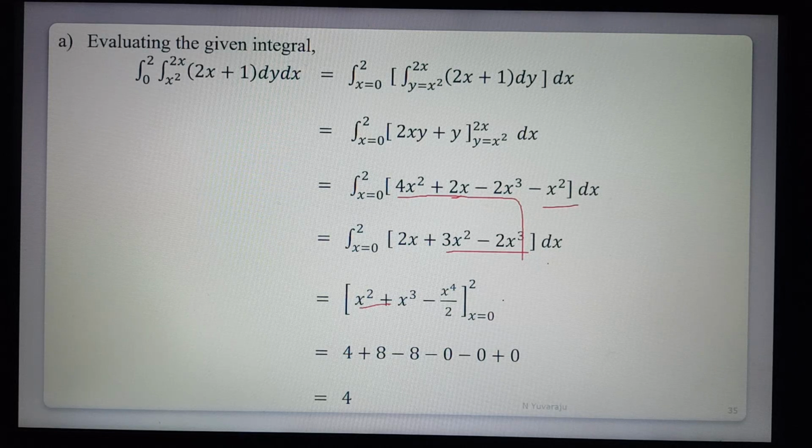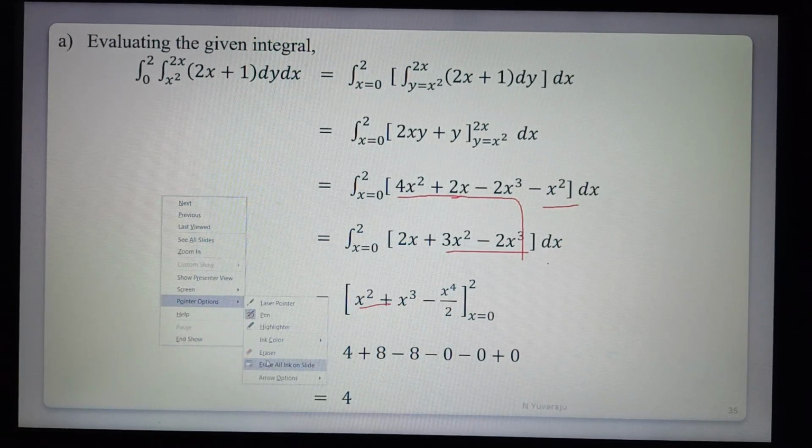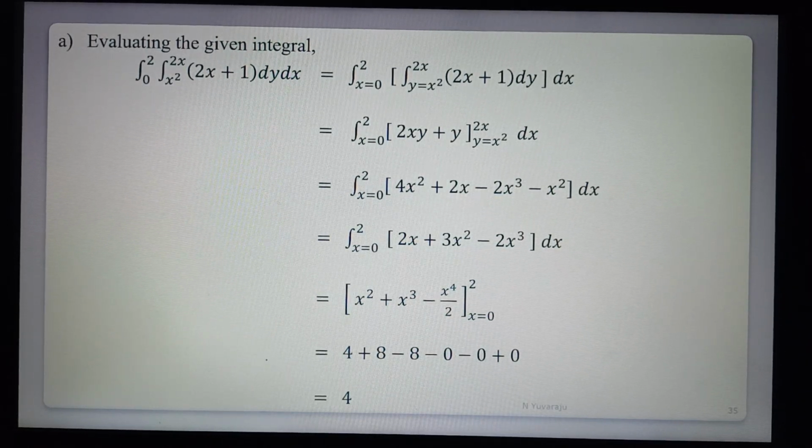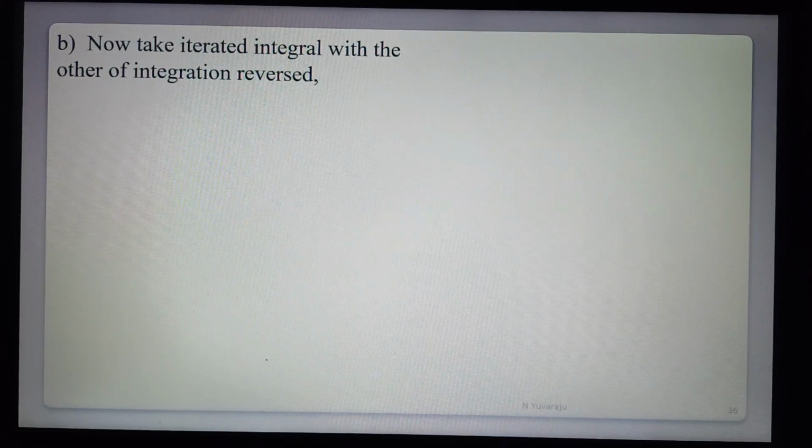Okay? So now we compare this result with the one after changing the order of integration. So now change the order of integration. Take the iterated integral with the order of integration reversed.